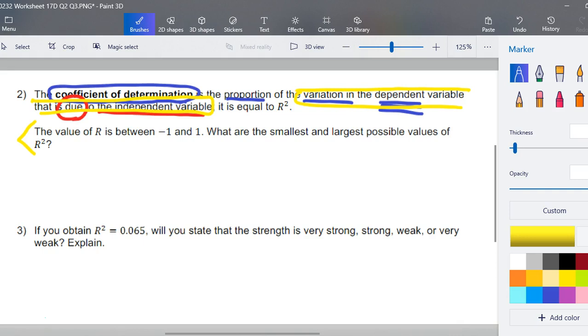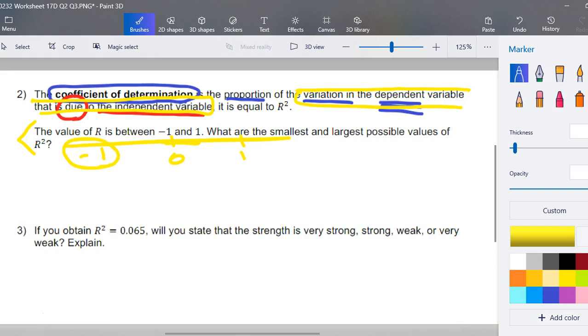Then it mentions that the value of R is between -1 and 1. What are the smallest and largest possible values of R squared? Well, if R is between 1 and -1, then let's play around with it and go with the lowest value.